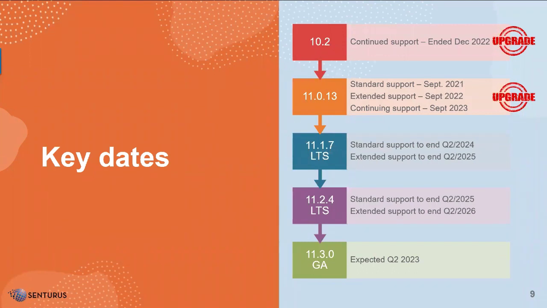There was a decent amount of people, I think, on 11.0. So that 11.0.13 long-term support release, the standard support actually ended in 2022. They did release sort of an extended support, which, in that case, you're going to be okay for a little bit longer, but it's probably a good idea to start planning your upgrade now.